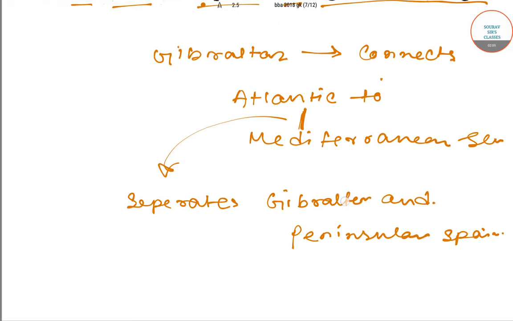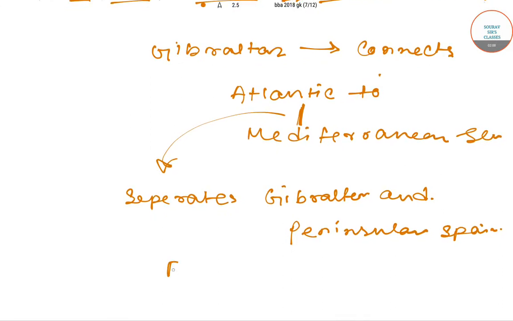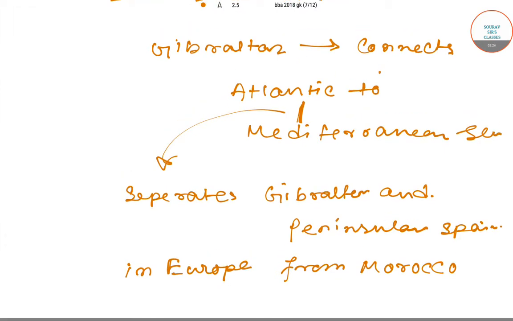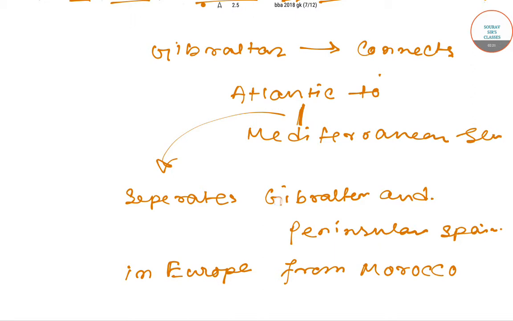It separates in Europe from Morocco and Ceuta in Africa. So this is the structure.